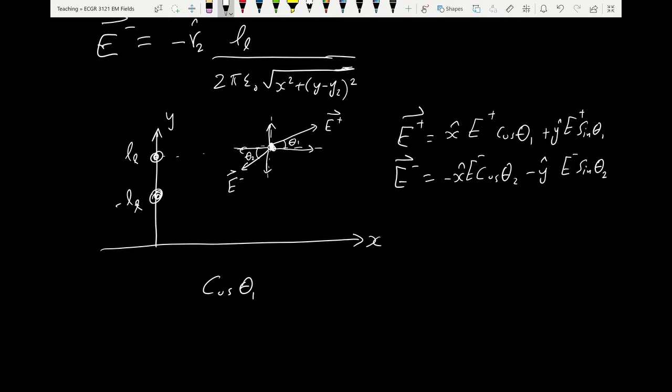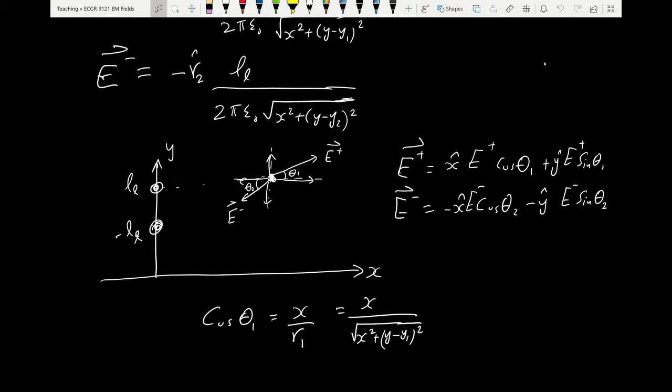Cosine theta 1 is just going to be x over r1, right? It's going to be x over the square root of x squared plus y minus y1 squared.